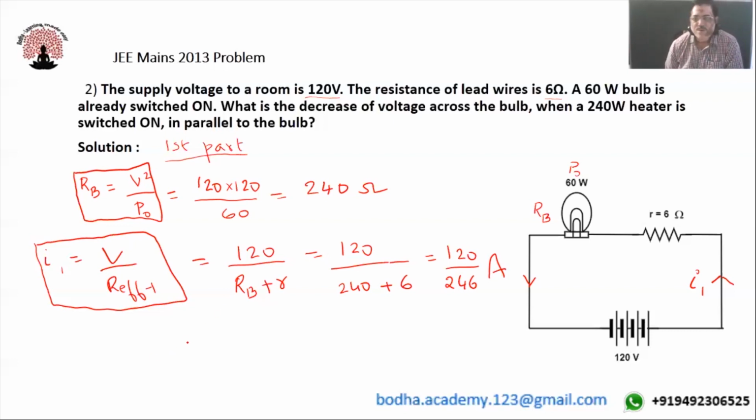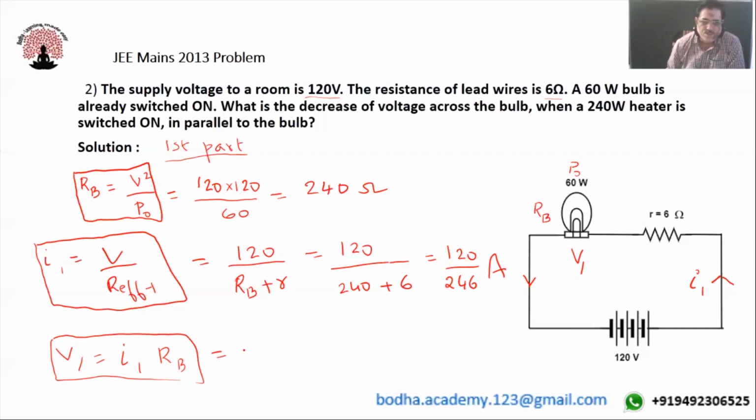Next, we want to find the voltage across the bulb. I'll call it V1. Again I'll apply Ohm's law: V1 is equal to I1 into resistance of bulb RB.